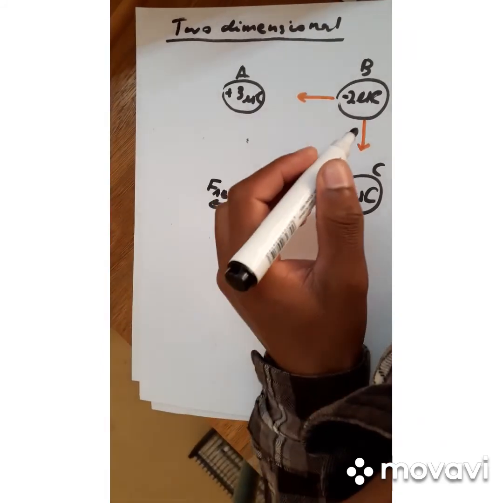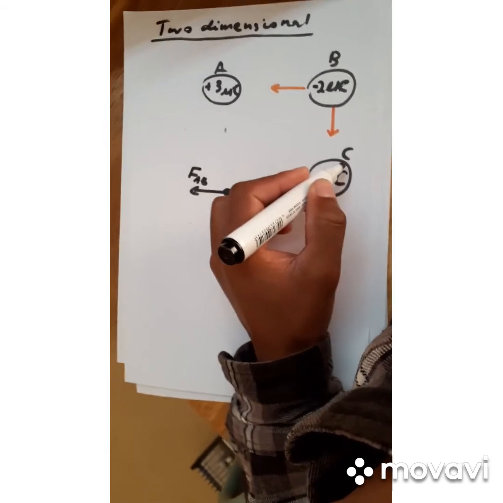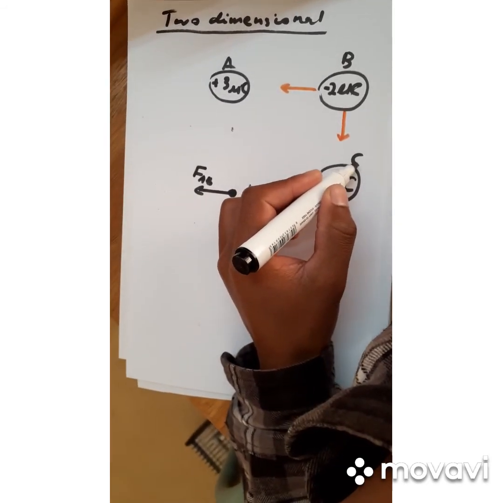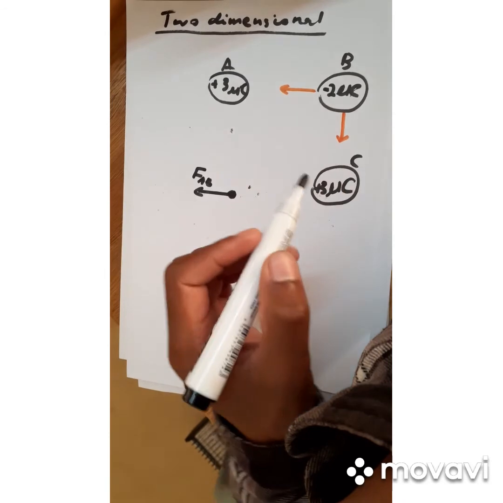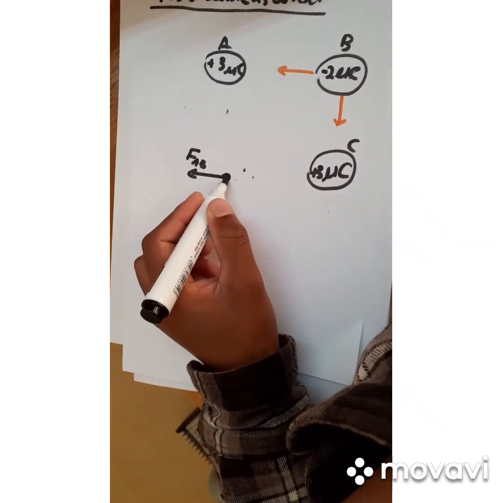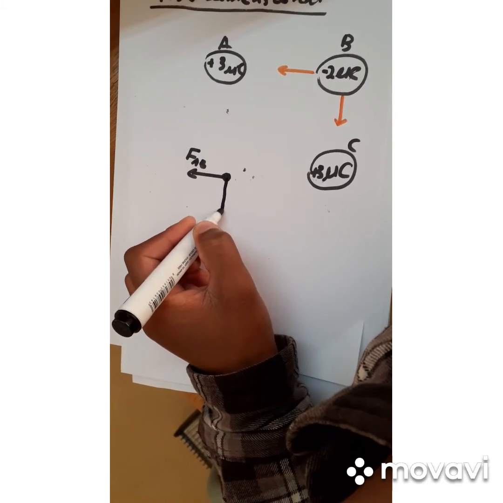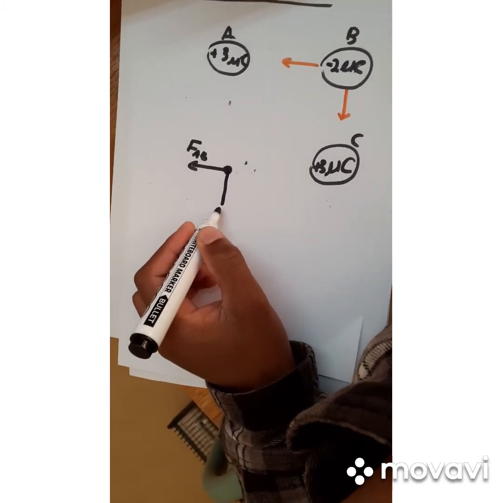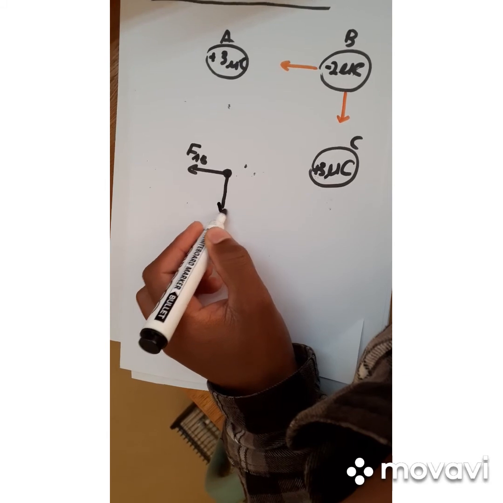And then, what is the force of C on B? C is positive, therefore C is going to pull B downwards.